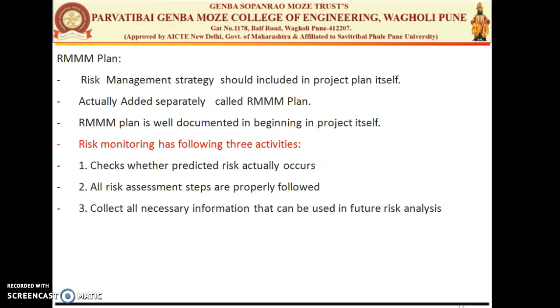The first objective is to check whether the predicted risk has actually occurred or not. Second is whether all the risk assessment steps are properly carried out or not. And third is to collect all the necessary information that can be useful in the future for future risk analysis. So these are the three main steps carried out in risk monitoring under the RMM plan.